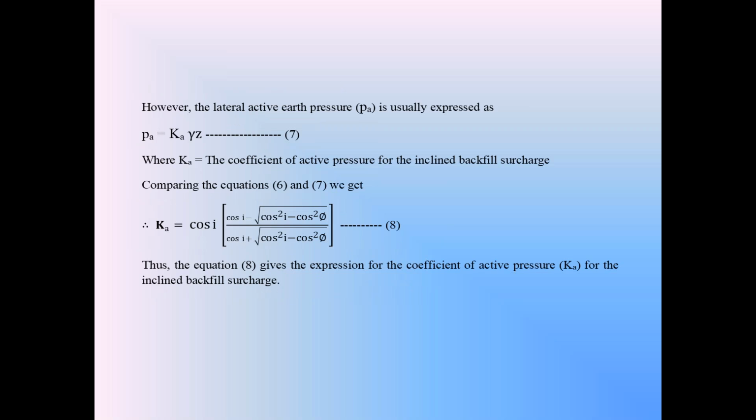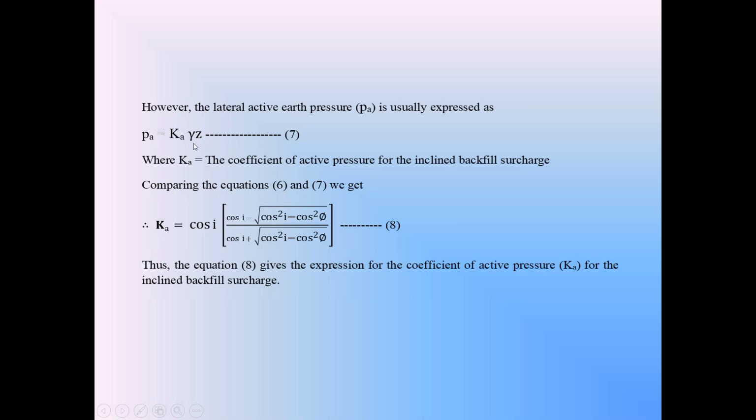Ka is this value, the coefficient of active earth pressure for the inclined surface of the backfill. Ka is equal to cos i into cos i minus square root of cos square i minus cos square phi, by cos i plus square root of cos square i minus cos square phi. So for the inclined surface of the backfill, this is the equation for the active earth pressure, Ka into gamma z, where Ka is the coefficient of active earth pressure.